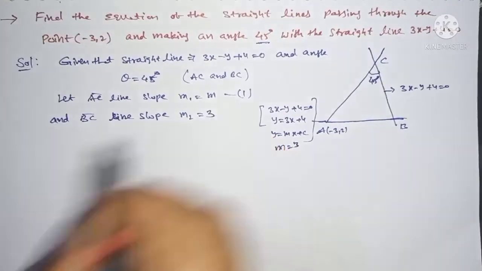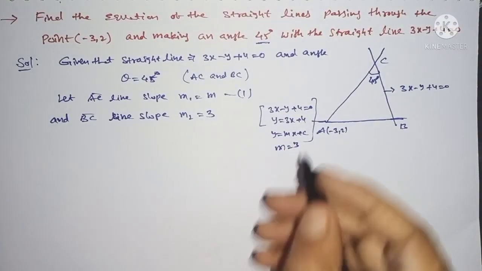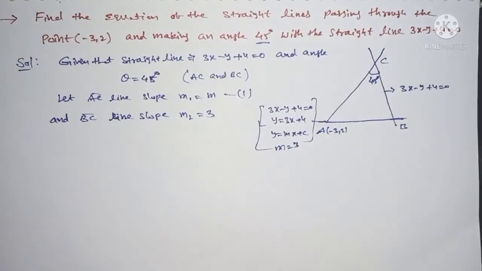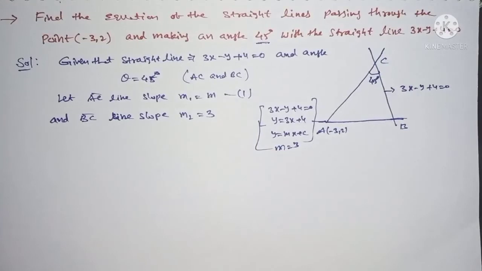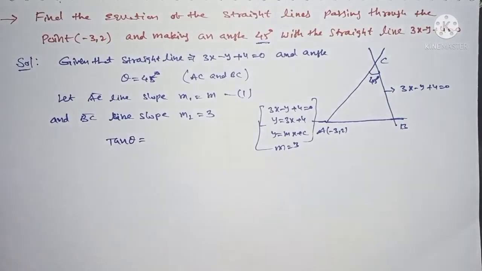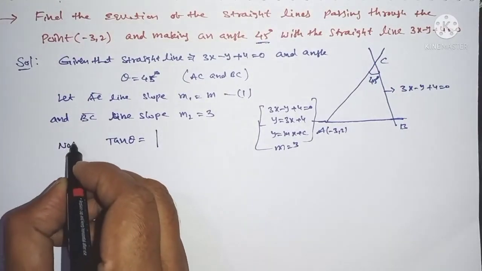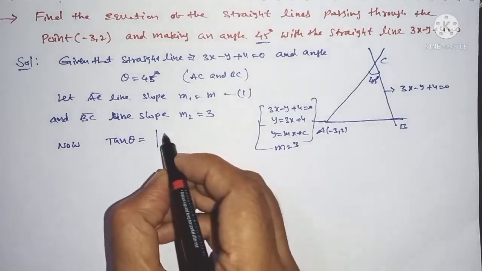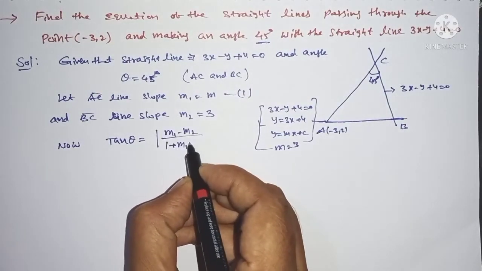Therefore m2 is equal to 3, directly you can write here. If the slopes of two lines are given, what is the formula for the angle between the lines? tan theta is equal to mod of m1 minus m2 by 1 plus m1 m2.